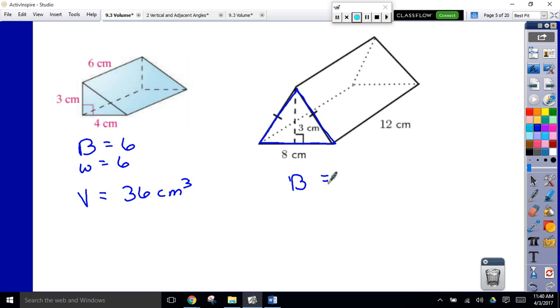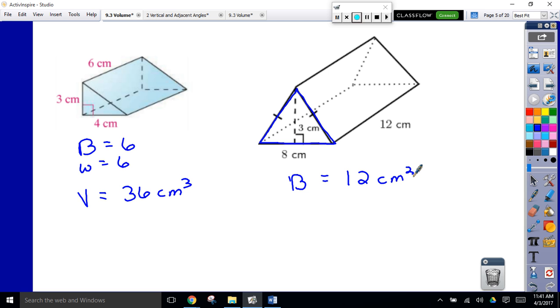I did 8 times 3 equals 24, divided by 2 is 12. I thought I said 12. You said 96, but you meant 12. All right, so the area of the base is 12 square centimeters.